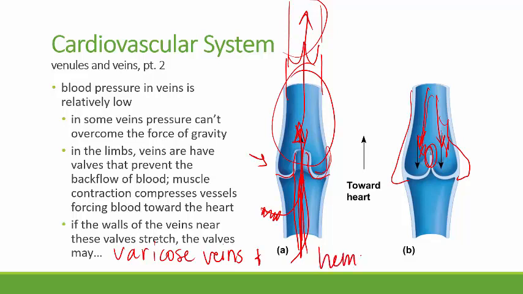So depending on where the varicosity develops, we call it a hemorrhoid if it's in the rectum, or varicose veins if it's in the large veins of the body.